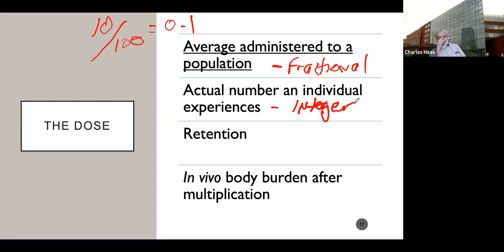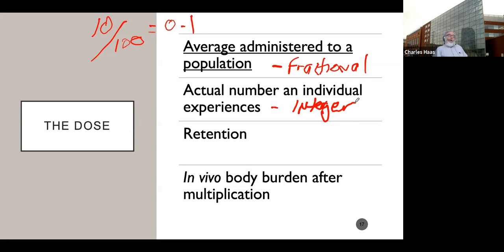So in my hypothetical example, most of the individuals in that case, with an average dose of 0.1, will be exposed to no organisms. Some will be exposed to 1, and probably a small fraction might be exposed to 2 because of randomness. And I'll talk about how to describe that quantitatively.